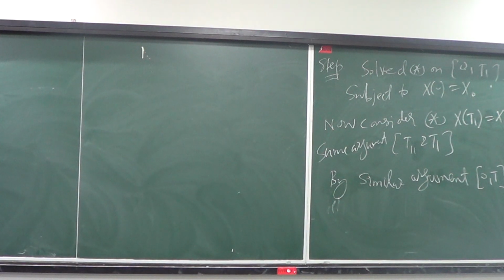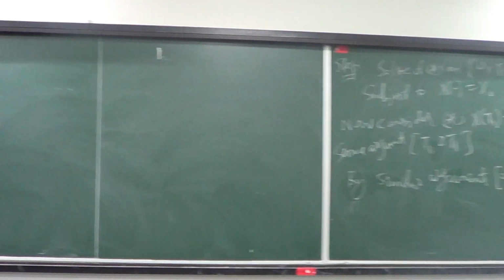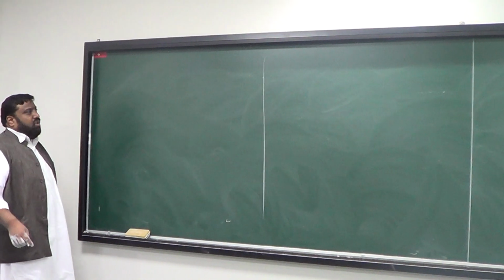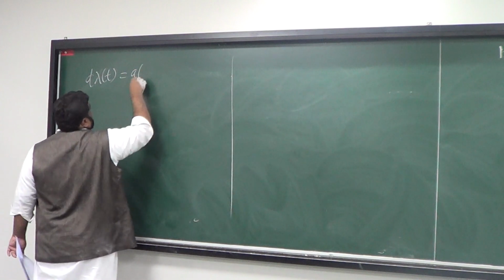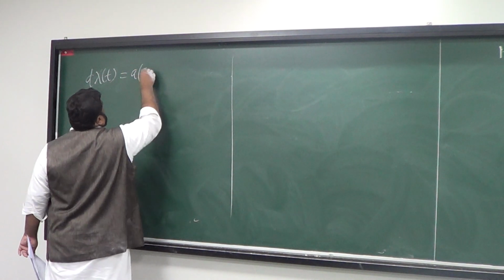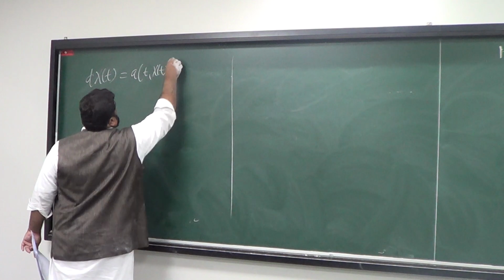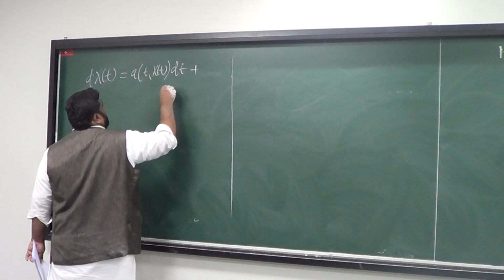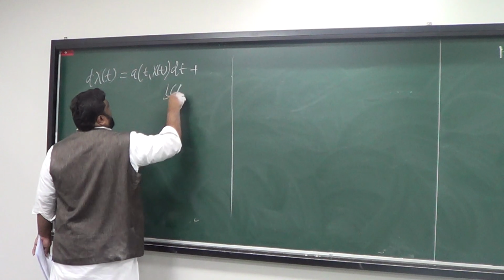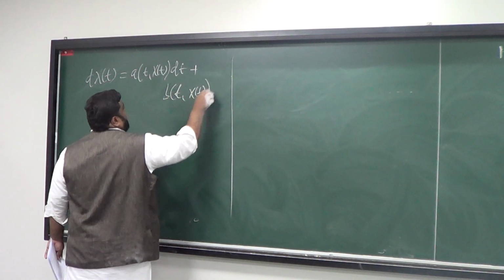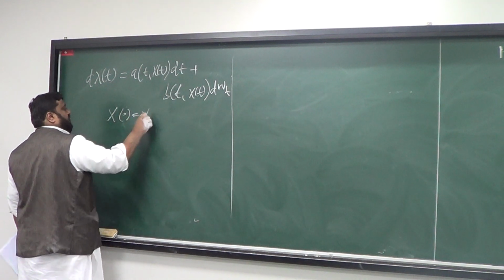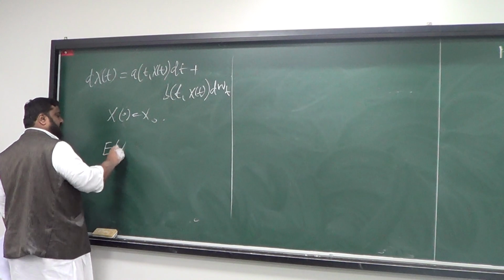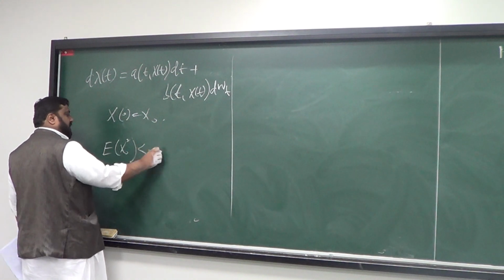What is the last thing that I would like to say? I'm not proving it. You can read it for yourself from the book. The proofs are readable. So for such kind of SDEs, what can be shown? dX_t equals ... dW_t, and x of 0 is x naught, where x naught satisfies this condition that expectation of x naught square is finite.